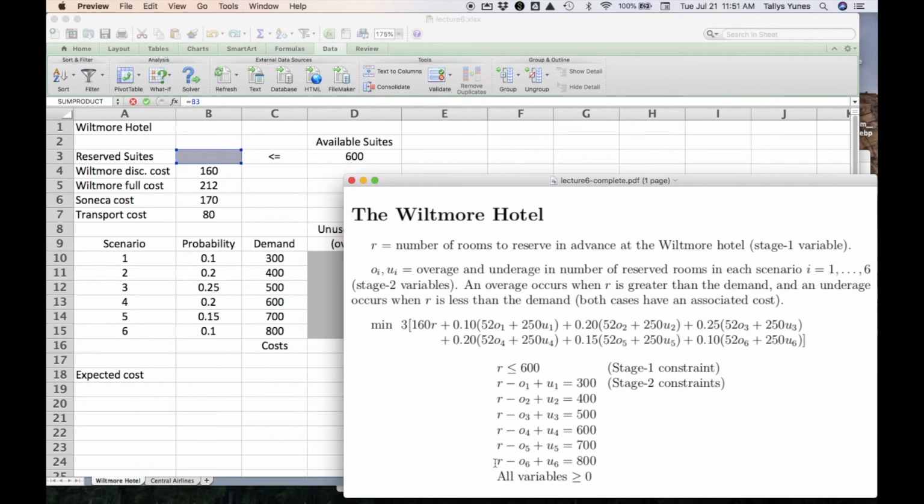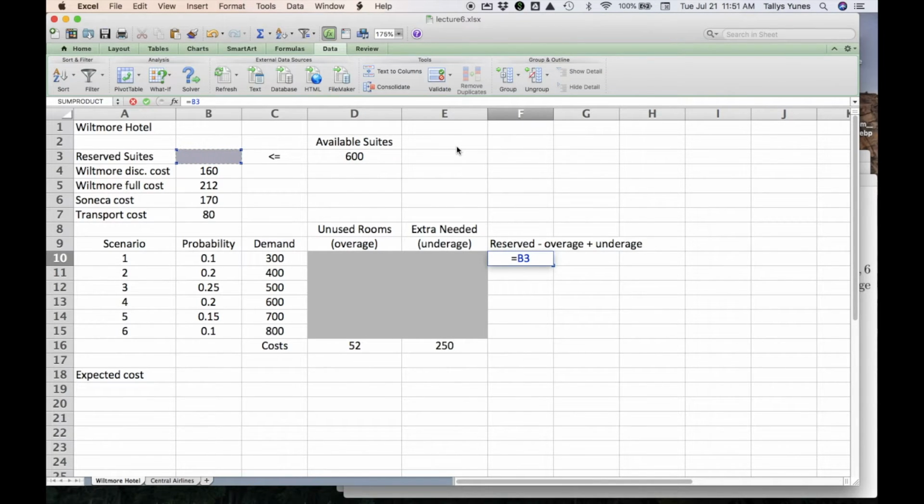That's why it's the same R decision affecting every scenario equally. Great, which means in here I'm going to anchor this B3 because it's the same across scenarios, minus overage plus underage, like in the PDF with the math that we just saw. And this I can copy through every scenario here to get those 6 expressions.